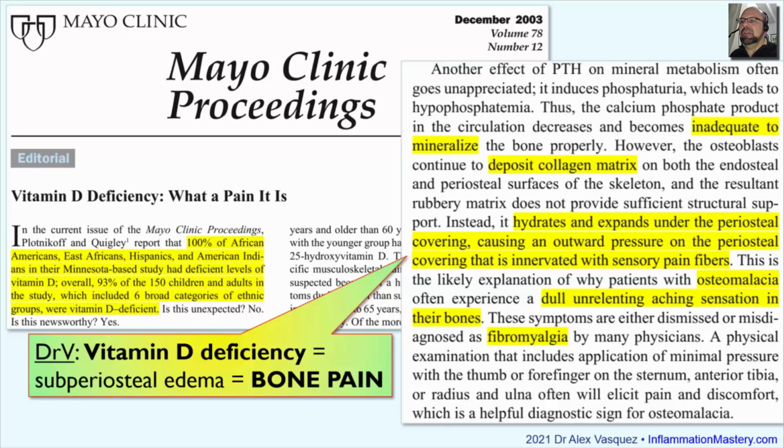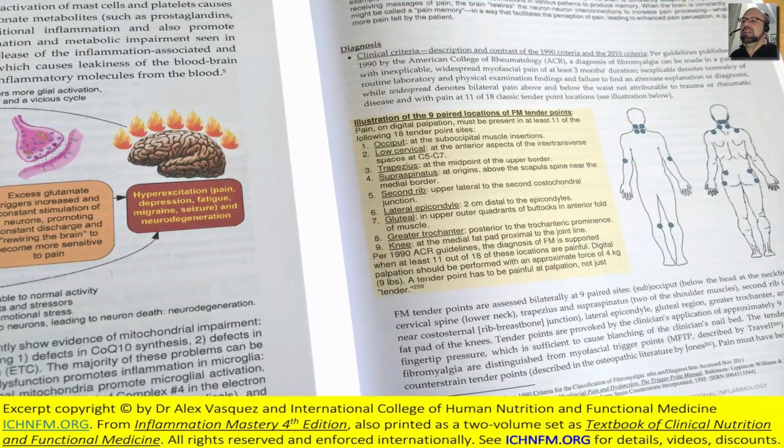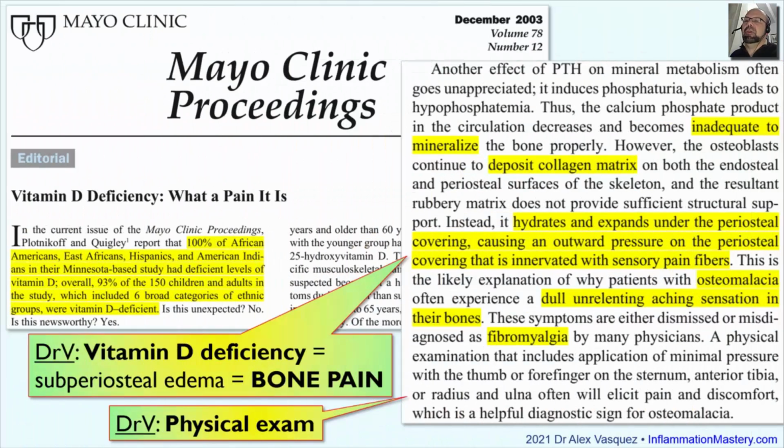As you would expect, sometimes these patients are diagnosed with fibromyalgia or depression or malingering because the doctor can't figure it out, and it doesn't quite fit into the medical model of pain, which is either neuropathic or nociceptive. However, I think a good clinician could make this distinction because obviously the pain of fibromyalgia coincides with certain tender points, and also it is specifically in the muscle, whereas the pain of vitamin D deficiency, osteomalacia, with subperiosteal edema is in the bones themselves.